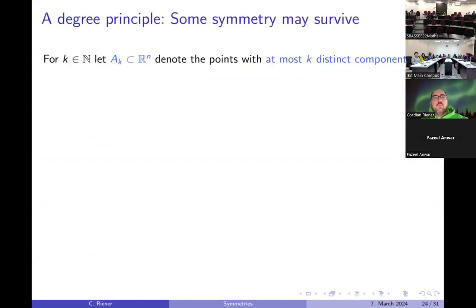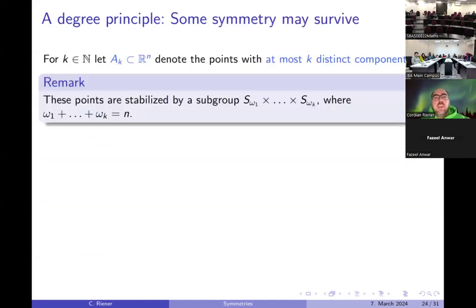So I just want to briefly mention the following. Suppose we look now at R^n and we classify points that have at most k distinct components. A fully symmetric point has all coordinates equal. If I now restrict to points that do not have all coordinates equal, but at most k of them are distinct.